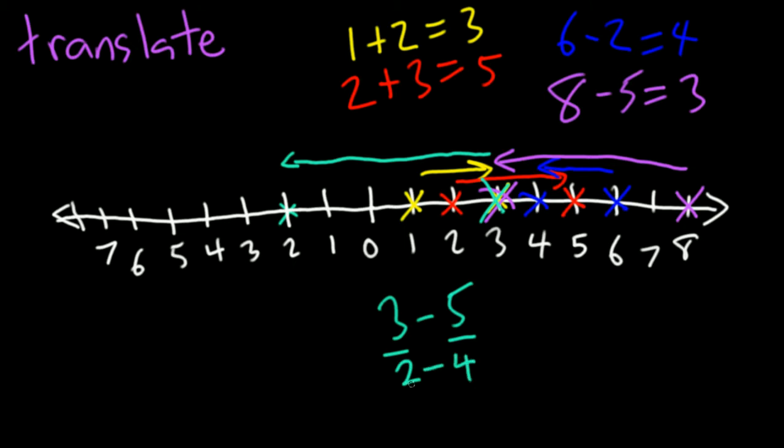Now, that should end up in the same place, right? We would go 2 and shift 4 spaces to the left. 1, 2, 3, 4. And we'd end up there, 2 spaces to the left of the origin. If we continue to reduce this, it could be 1 minus 3, or it could be 0 minus 2, and now we've reduced this term as far as we could go.